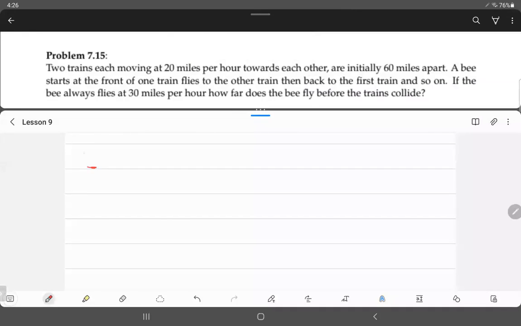Train A, train B. They are 60 miles apart. The rate of train A is 20 miles per hour.